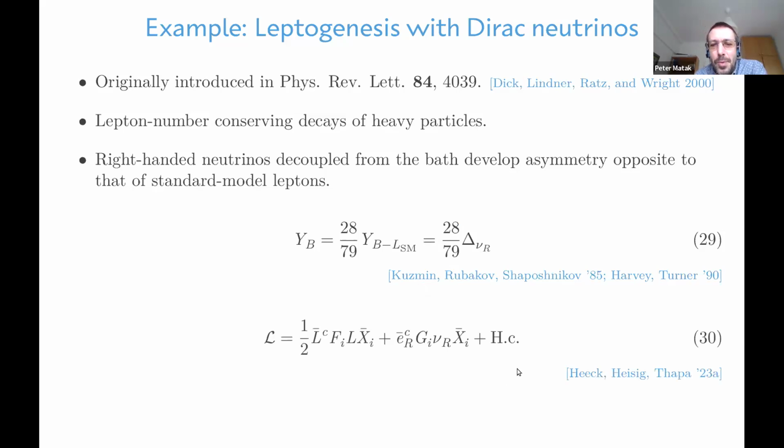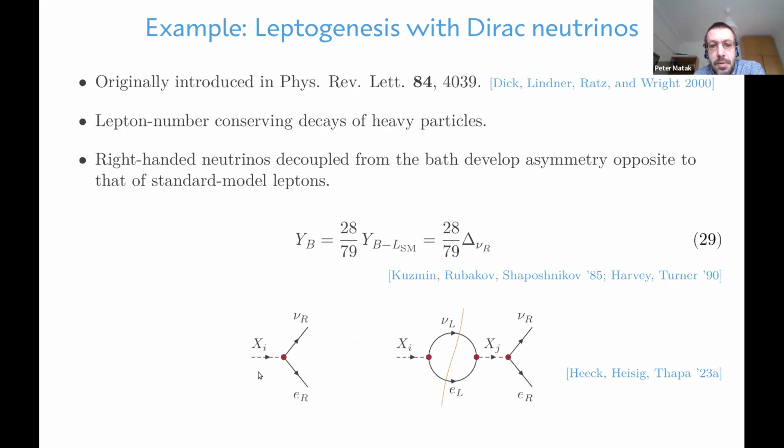Okay, as an example, we will consider this simple Lagrangian. So we have coupling of right-handed neutrinos and right-handed electrons to some heavy X mediators. There must be at least 2 of them. And then we have coupling of the same X mediators to the left-handed lepton doublet.